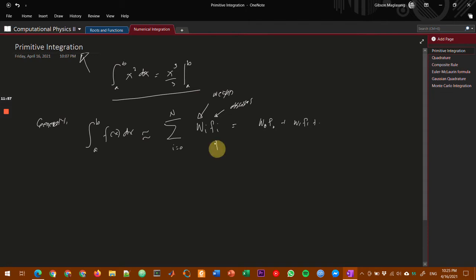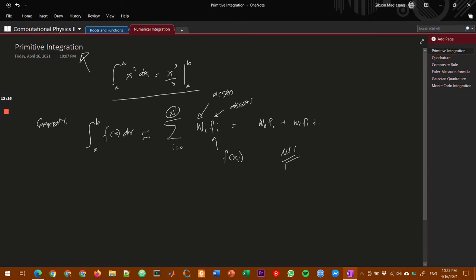Where fi is f of x_i, w is the weight, and n is related to the number of points evaluated. So in general, you have n plus 1 points, right?